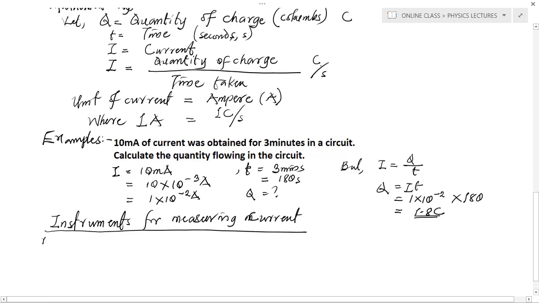Number one here is ammeter, A-M-M-E-T-E-R. Number two for measuring this is galvanometer.